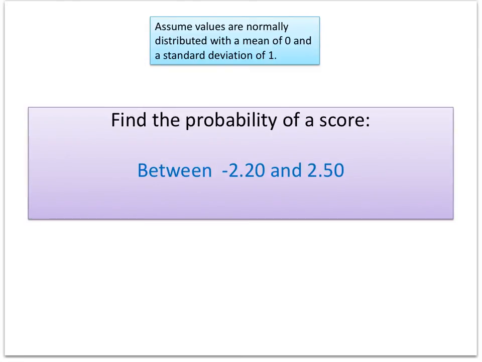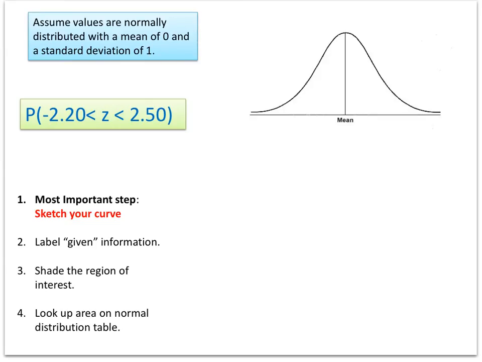So let me show you how to calculate this both ways. Again, let's sketch the curve. Our first z-score is going to lie over here on the left at negative 2.20, and our other z-score is going to lie over here on the right at a positive 2.5. And I want to know the probability of falling in between.